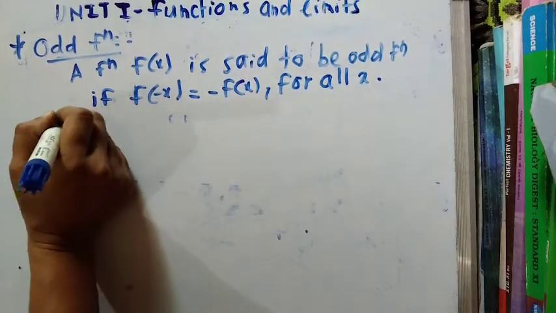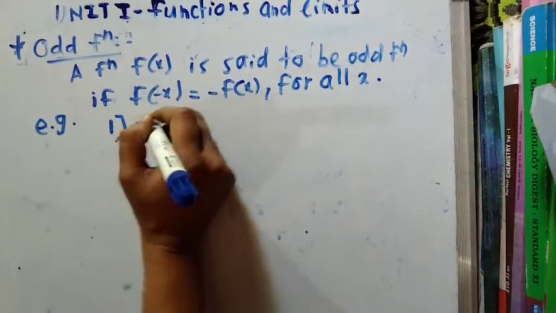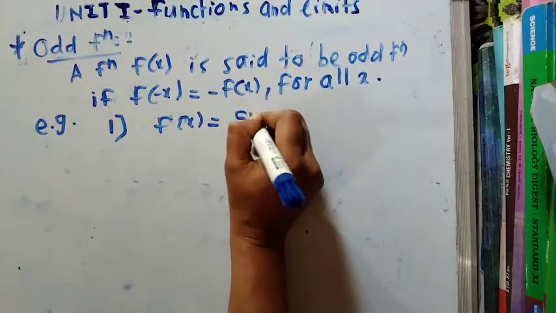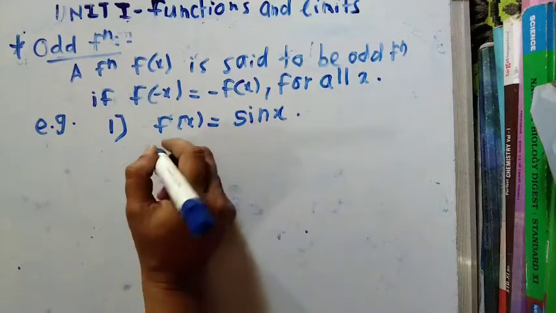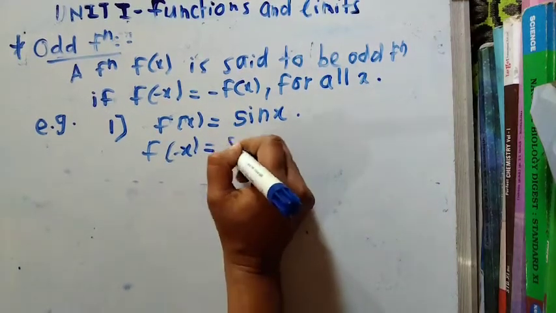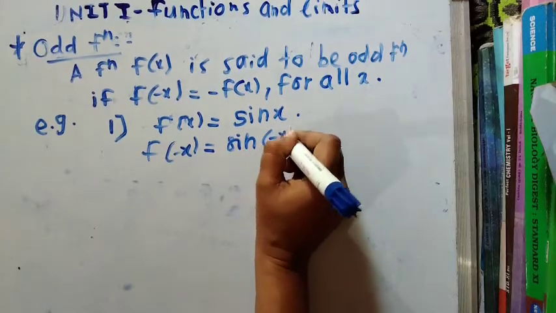Here is an example. First, suppose f of x is equal to sin x. Then find f of minus x, which is equal to sin of minus x.